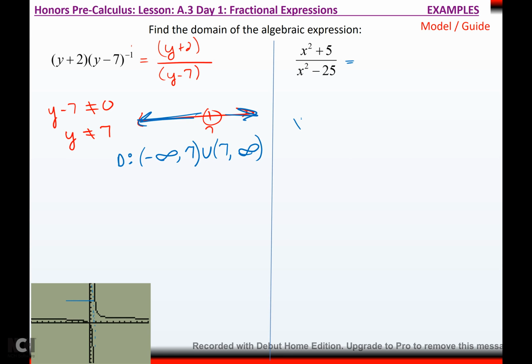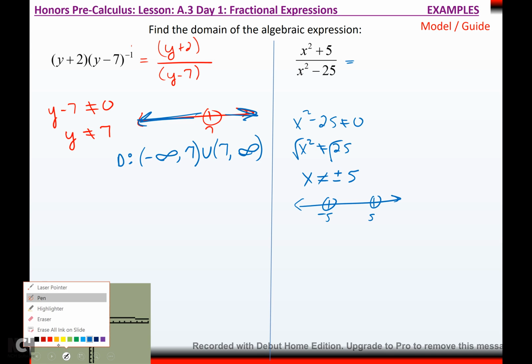I mean, I can say, Mr. Denominator, you may never equal 0. So x squared may never equal 25, square root, x may never equal plus or minus 5. Okay? So you're going to have 2 holes on a number line: you can't have negative 5 included, and 5 can't be included, but everything else can be included.